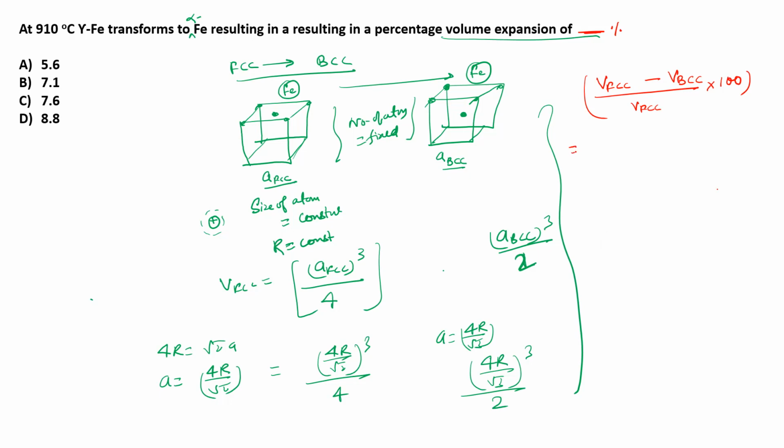So volume of FCC is (4R by root 2) cube by 4 minus (4R by root 3) cube by 2, divided by (4R by root 2) cube by 4. What is common here? One thing is common, that is 4R.